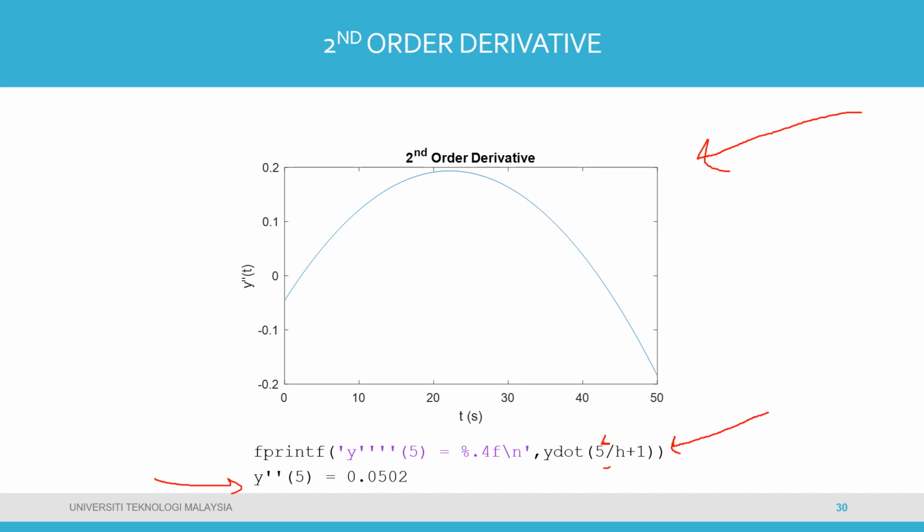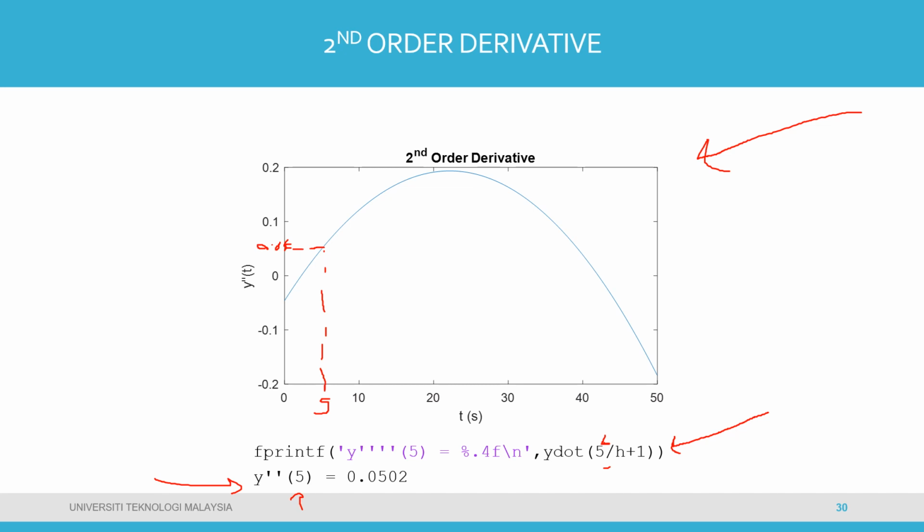So basically, if you want to find what is y double bar here, when the value is 5, for example, what happens if the value is 5 here? If you use the graph, you get around 0.05. So this is from the graph.